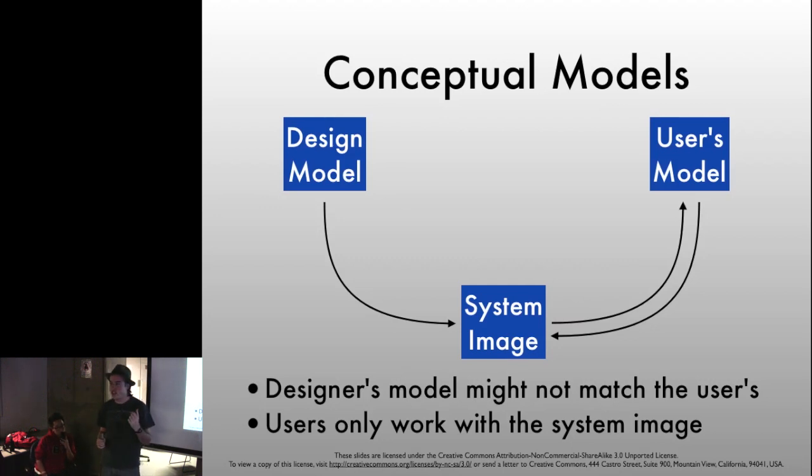The user can't talk to us to ask us how to do things. They can only determine what to do based on what they see in the system image. So it's important to make sure that these match as best as possible, so that way they know how to use your application. And again, it's important to remember that your user doesn't work with you, they work with the finished application. And so the finished application needs to be able to tell you what to do with it.